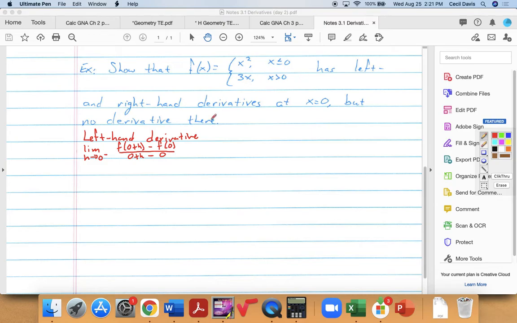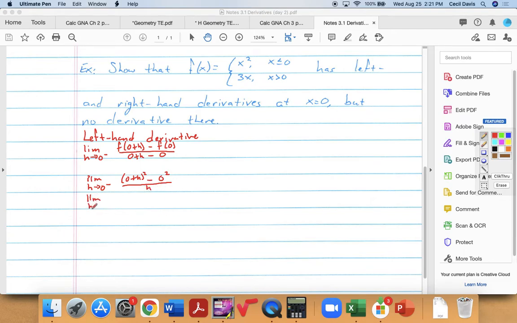All right, so this will be the limit as h goes to 0 from the left. f of 0 plus h, that's going to be 0 plus h quantity squared, minus f at 0 is 0 squared, all over h.